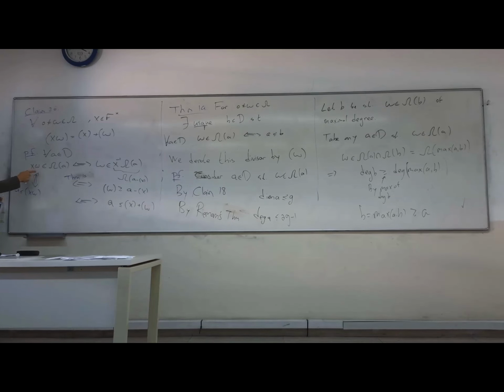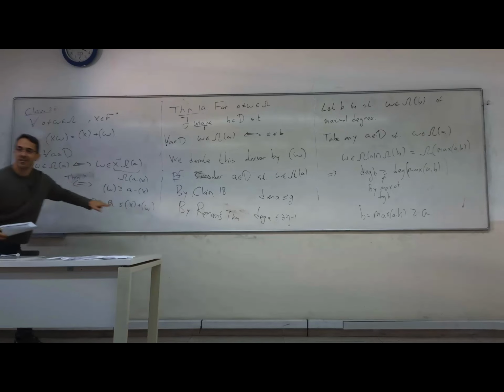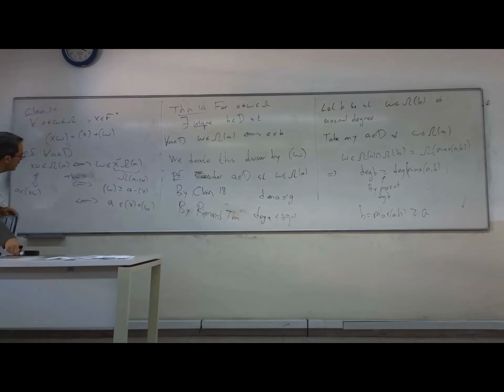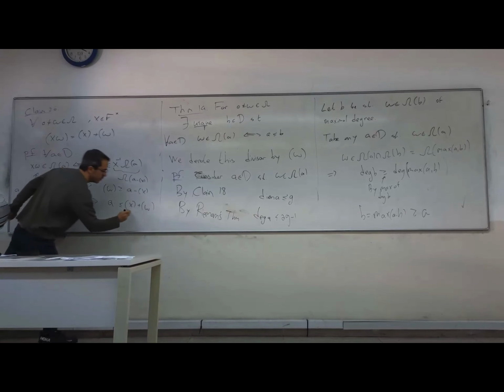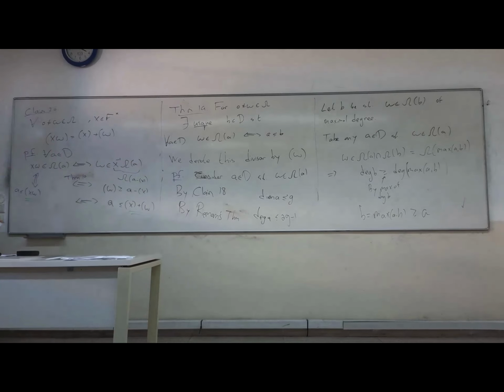If you want to enter the omega space, you need to compare yourself to the divisor of the differential. So this must be that divisor, because you have two if and only ifs, and it's a unique divisor. Oh, I didn't prove uniqueness, by the way. I forgot. But uniqueness follows because you can just do this and then that.